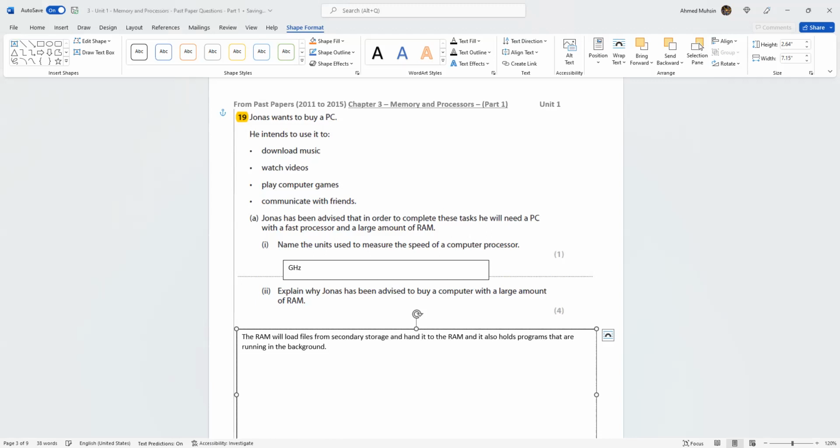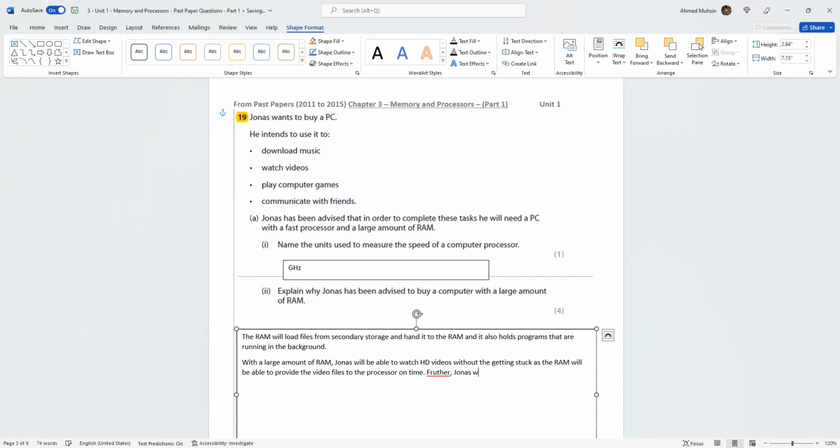With a large amount of RAM, Jonas will be able to watch HD videos without them getting stuck, as the RAM will be able to provide the video files to the processor on time. When you're watching HD videos, so much graphics have to be loaded, but since you have a large amount of RAM, the RAM will be able to hold these instructions and give them to the processor when needed.